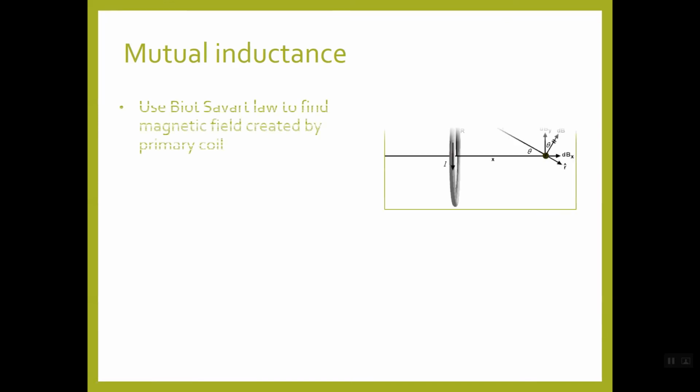So now we're going to use the Biot-Savart law to find the magnetic field created by the primary coil. We have to do this integral to find the magnetic field at this point in space where the secondary coil is, due to the primary coil.